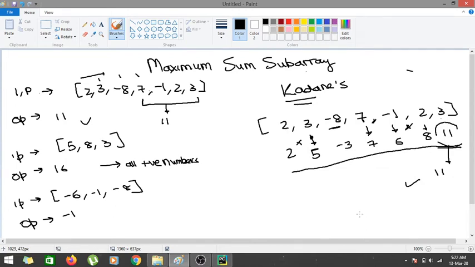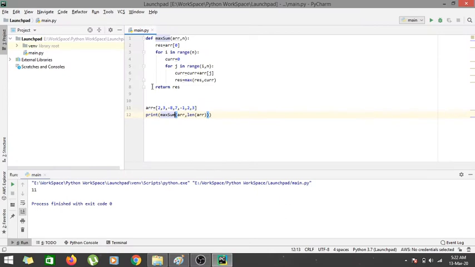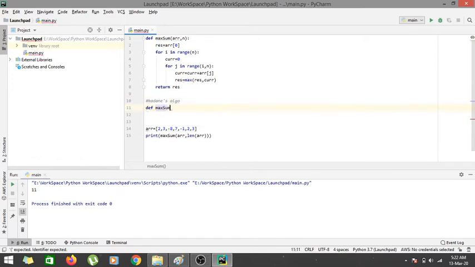Now for the coding implementation part, let's go to our PyCharm and start implementing Kadane's algorithm. First we would be creating a max sum 1 function that has the same parameters, arr and n, as the previous one.